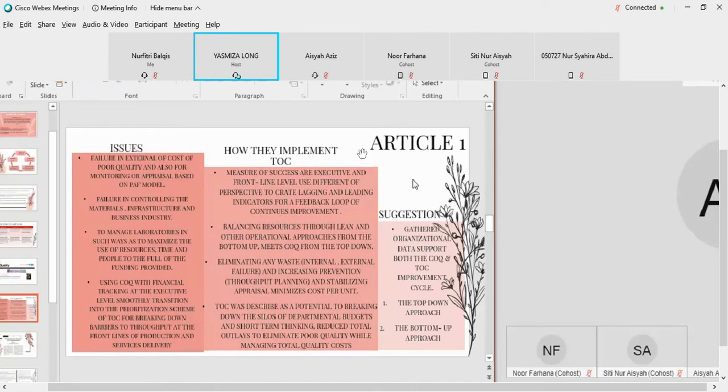I mean which industry, from where, which country, and also which industry they have? Can you explain a little bit about article 1?